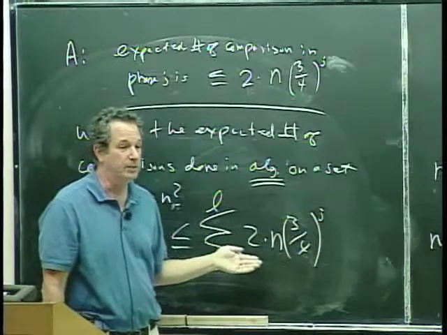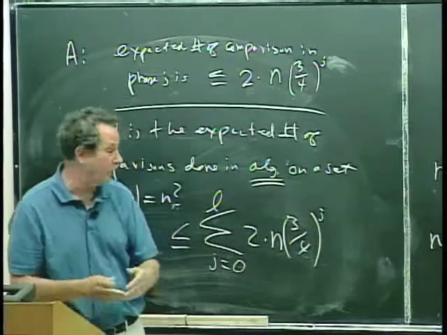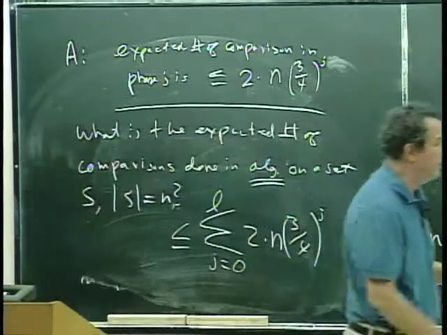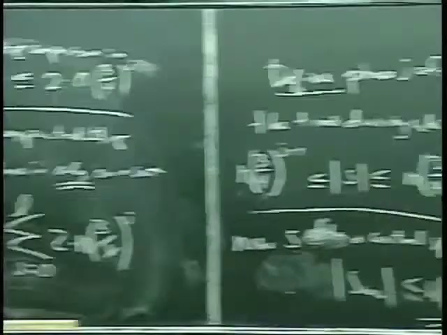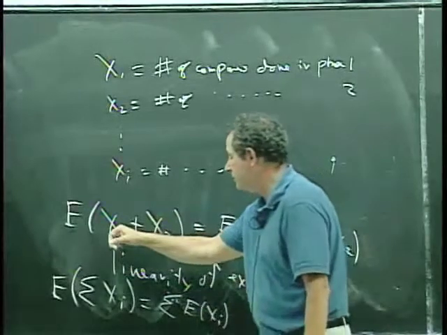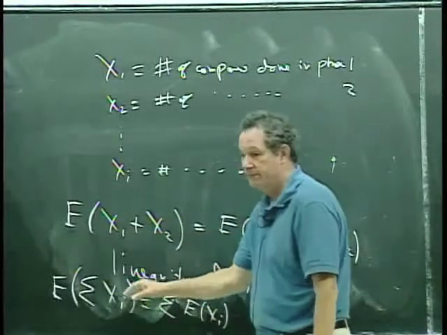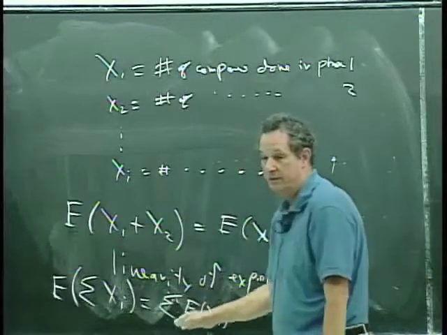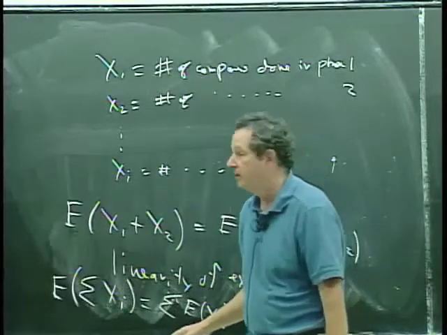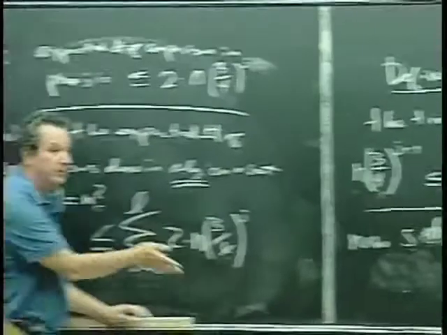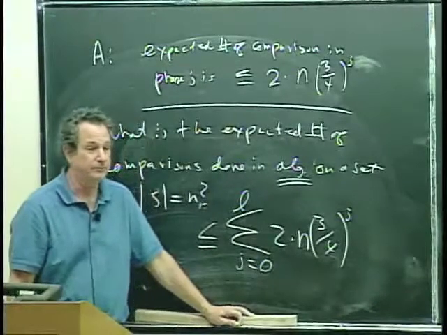Why is that the expected number of total operations in the algorithm? Because of the linearity of expectation. The expected number of comparisons done in phase 1 plus phase 2 plus phase 3, et cetera, is just the sum of the expected number in each phase. And that's what this sum is over here. It's the expected number done in phase j summed over the various phases.